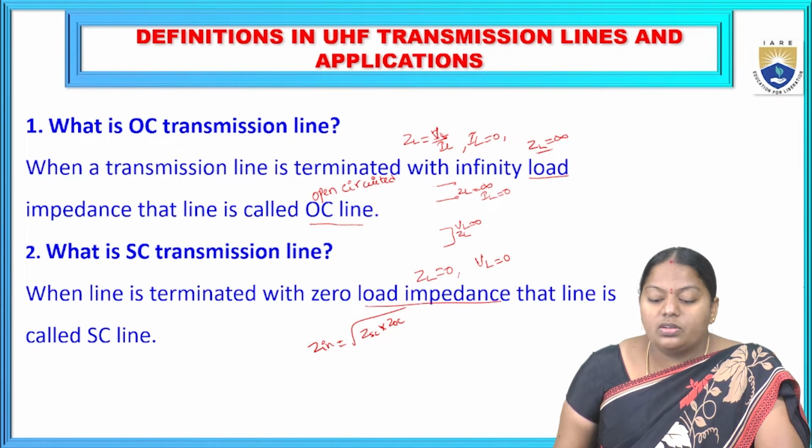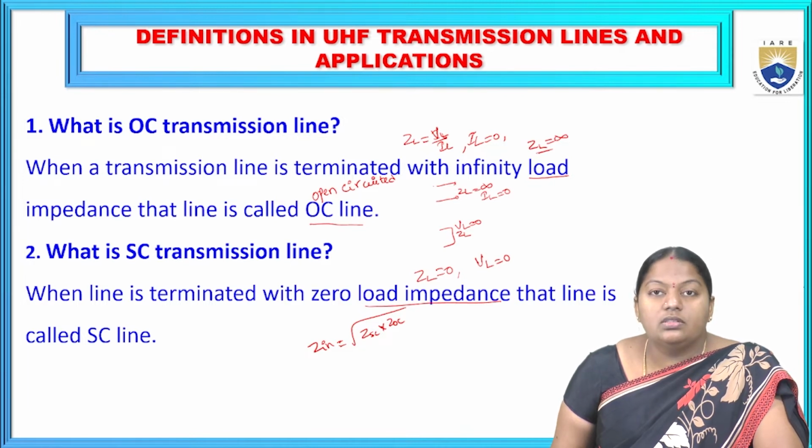So in the open circuited transmission line case, we assume ZL is equal to infinity, whereas in the short circuited transmission line case, ZL is assumed to be 0.